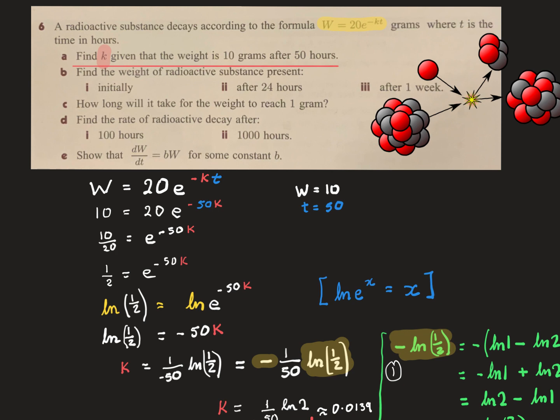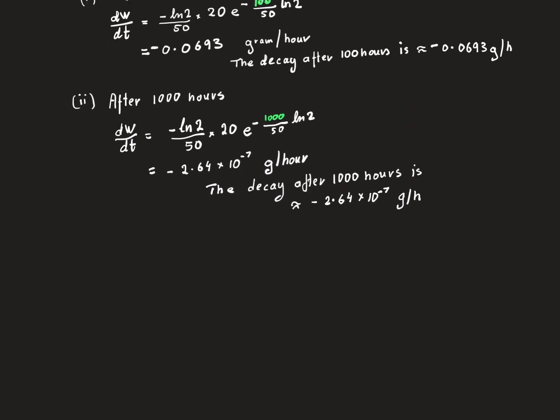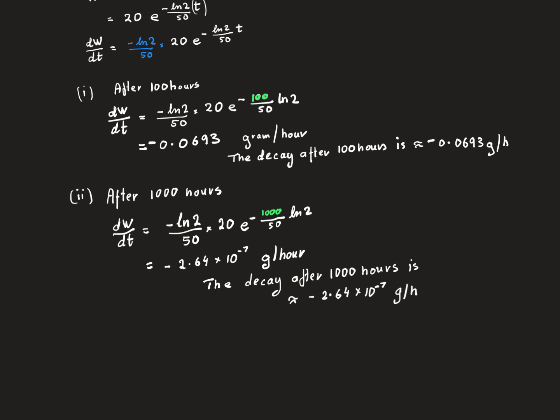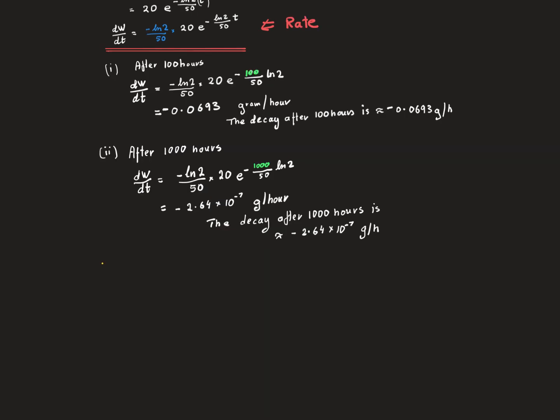And lastly, we just showed that the rate is BW for some constant B. And this is so easy because we've already shown right above here that the rate is equal to this equation. That's our rate. I'll rewrite this down here.